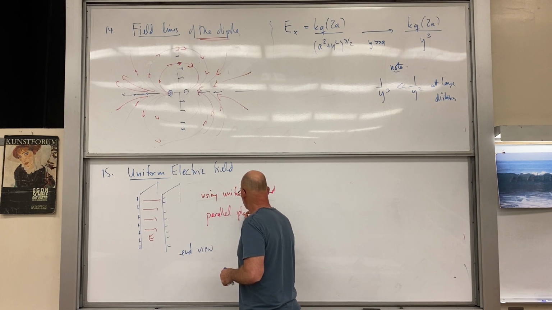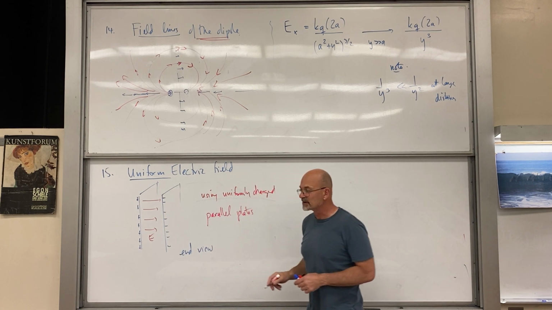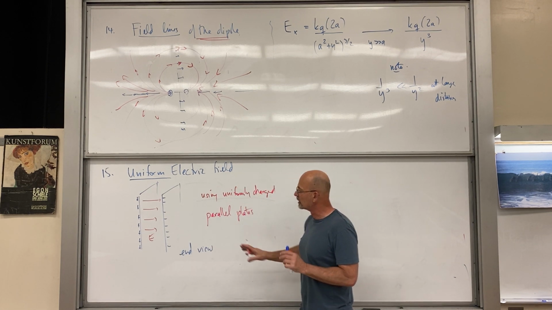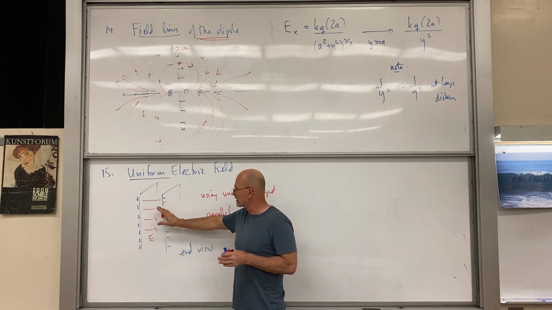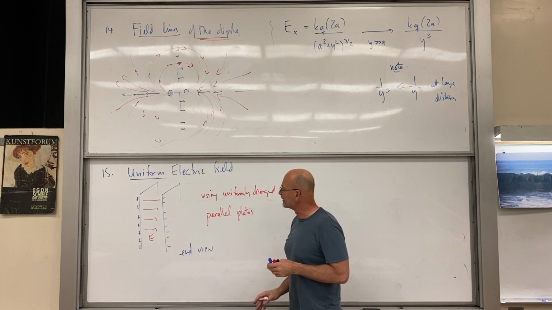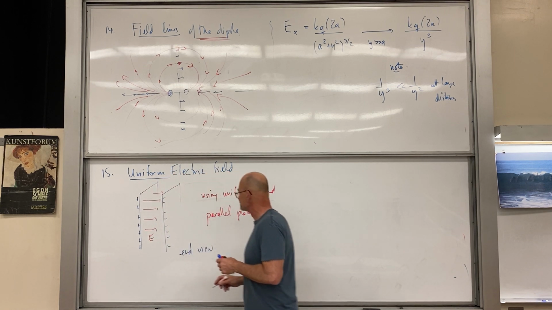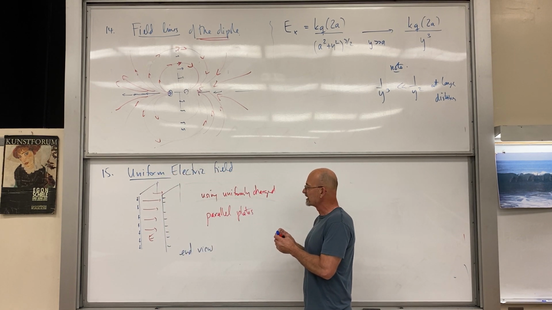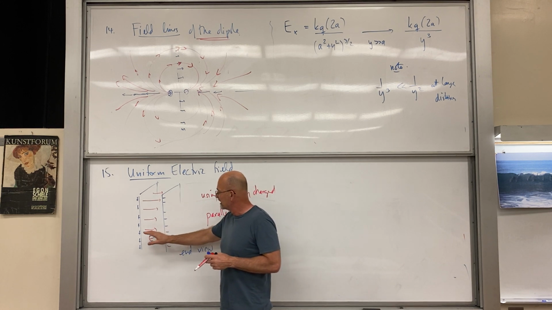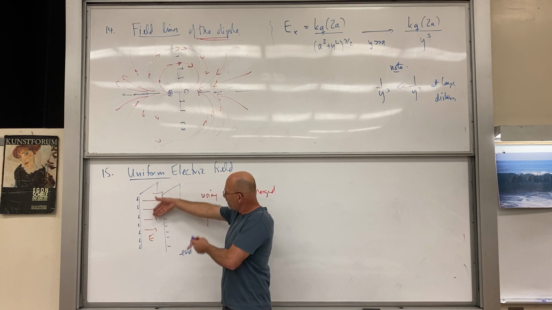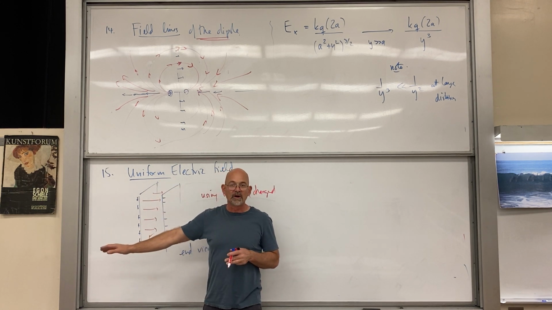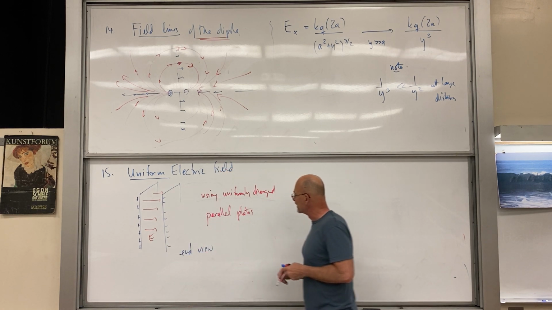We'll study these in greater detail later on, and we'll prove the properties that we're just claiming right now. But yeah, we'll have this uniform field in between the plates. And in fact, another interesting feature will be that the field will be uniform in between and basically zero everywhere else. Okay, so that's an interesting feature.